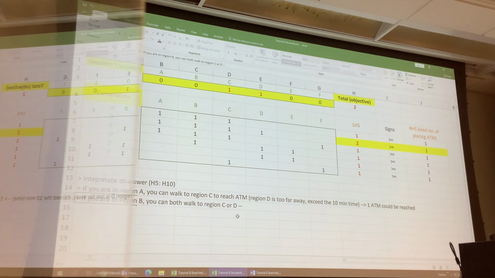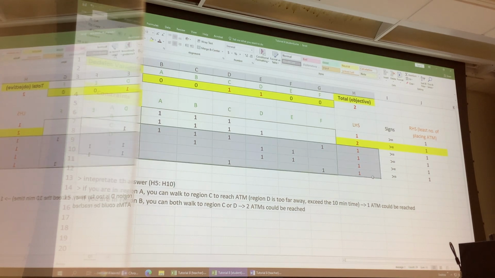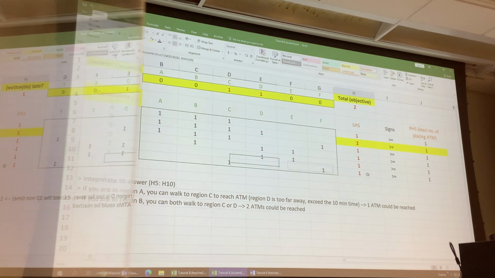So 2 ATMs could be reached, and so on, right? So for C or D or E, you can interpret it in this way. Be careful that for region B, you can reach both C and D, so you have 2 ATMs available that can be reached.